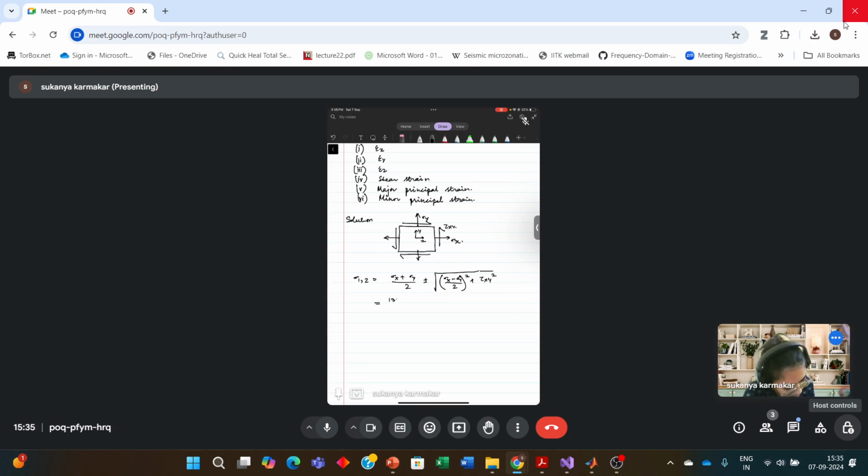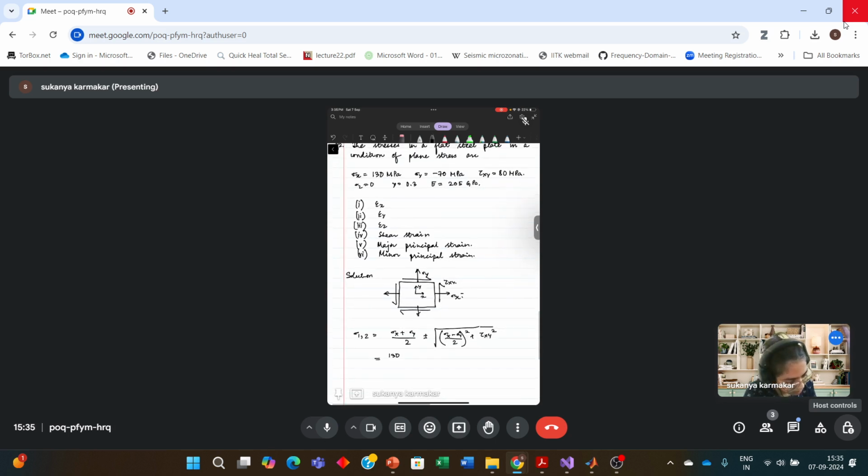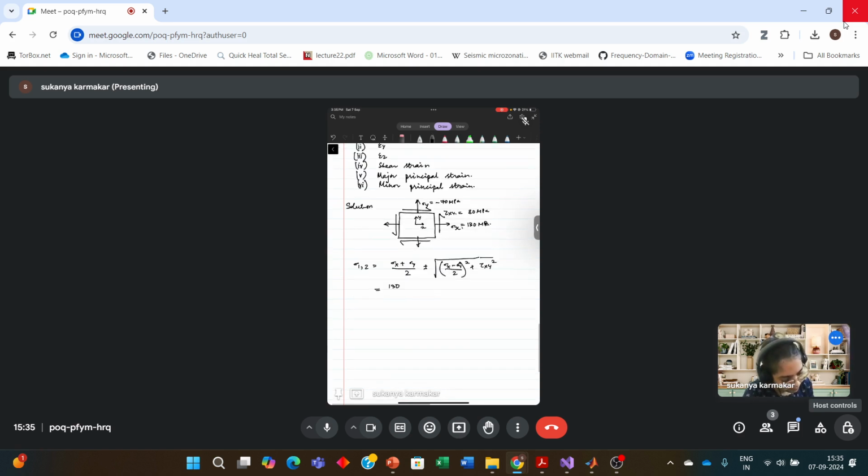Sigma x is 130 MPa, sigma y is minus 70 MPa and tau xy is 80 MPa. So this is 130 minus 70 by 2 plus minus the square root of 130 plus 70 by 2 whole square plus 80 whole square.